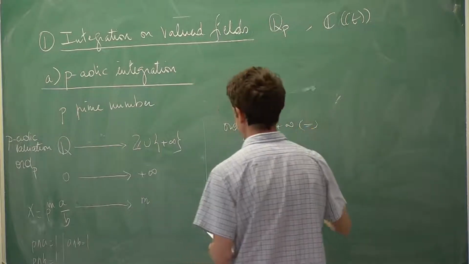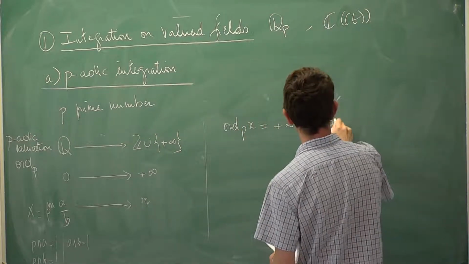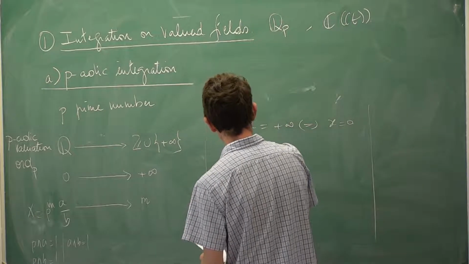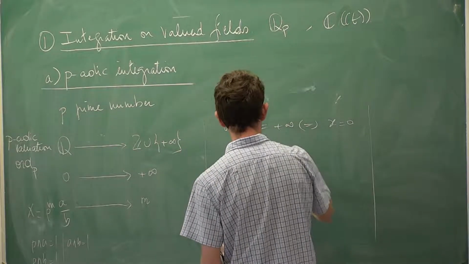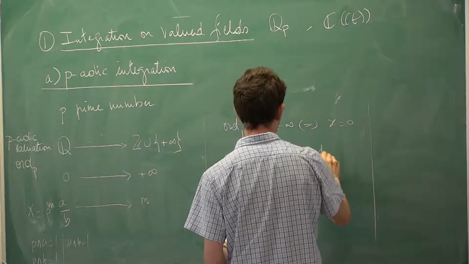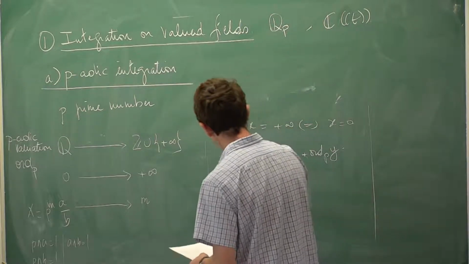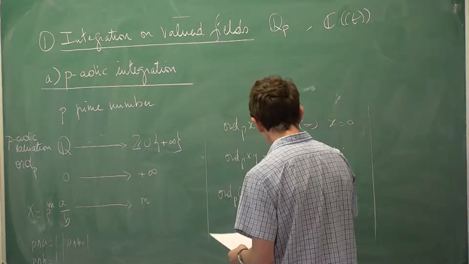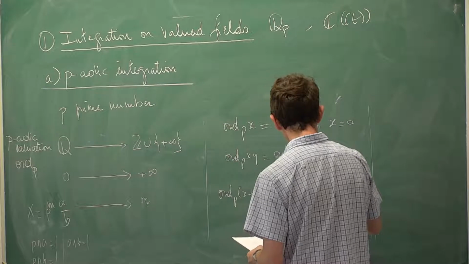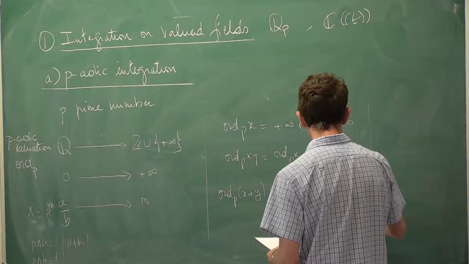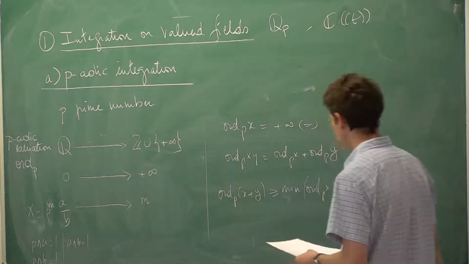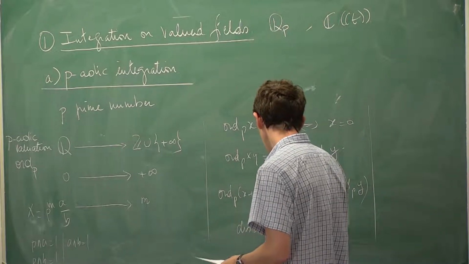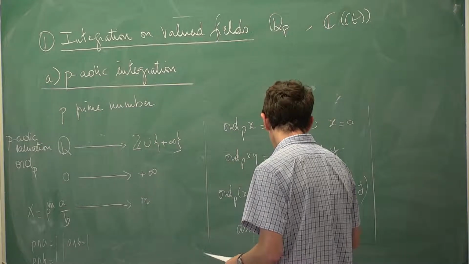So this is a p-adic valuation, and it has some properties. So this is infinite if and only if by definition x is 0. The order of the product is the sum of the orders. And the order of the sum is bigger than or equal to the minimum of the order of x, order of y. So this is a discrete valuation.